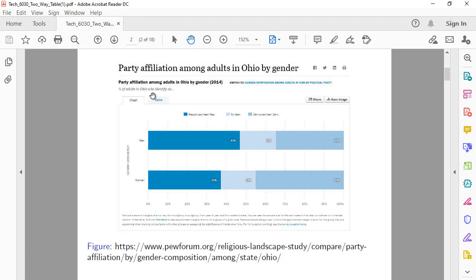This study was done in 2014, and the study was on party preference of Ohio adults.